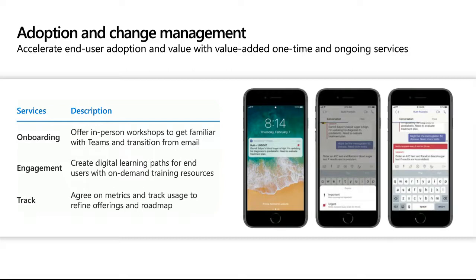Adoption and change management services are typically a combination of customer self-directed activities and partner services, both one-time and ongoing. Adoption and change management is an important factor in teamwork programs from the very beginning, and partners often begin by understanding how users are currently working in the company culture. A person-based approach makes ACM, adoption and change management, planning and success easier.